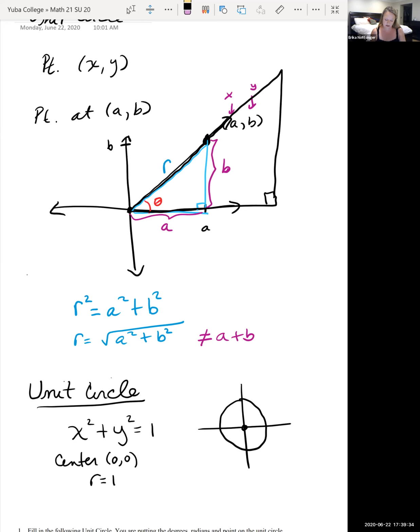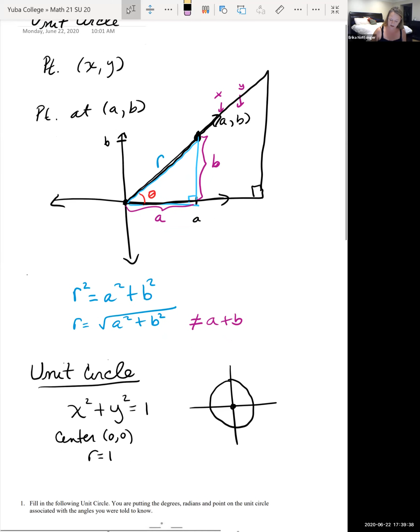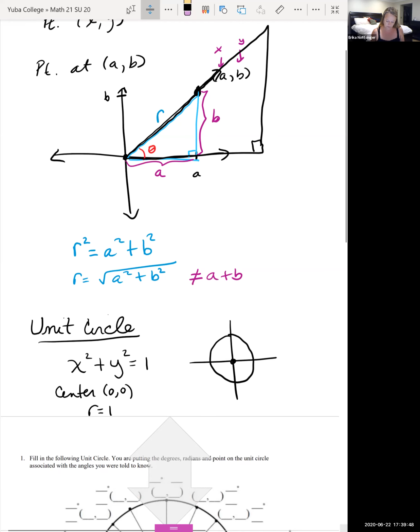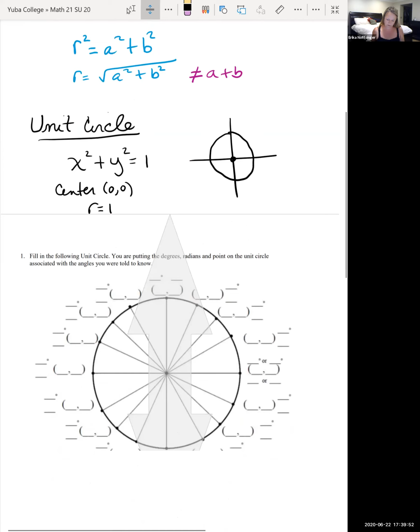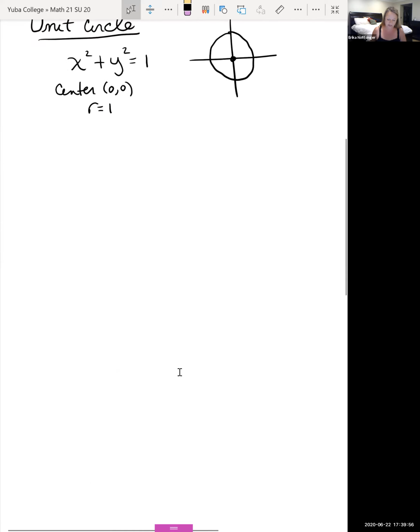And so from here, let me get some more space. Let's look at our trigonometric functions.